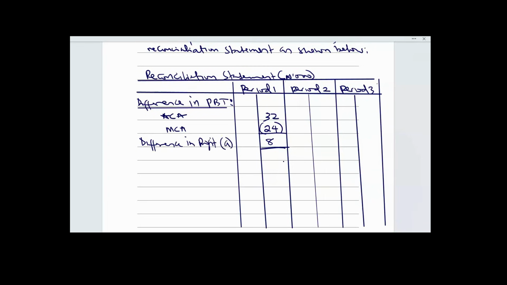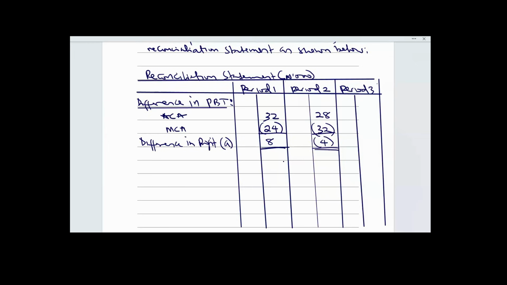This is A. Let's do for period 2, once and for all. Profit before tax, period 2, ACA: 28. MCA: 32. The difference is negative 4.